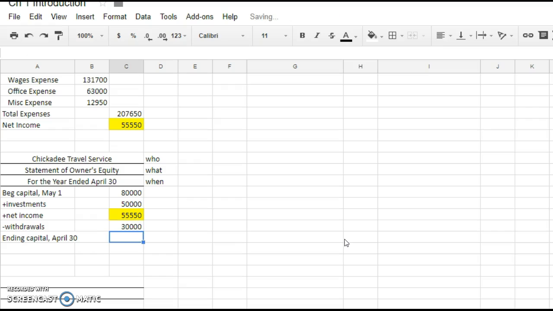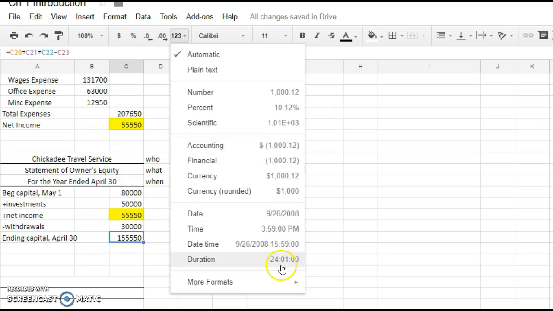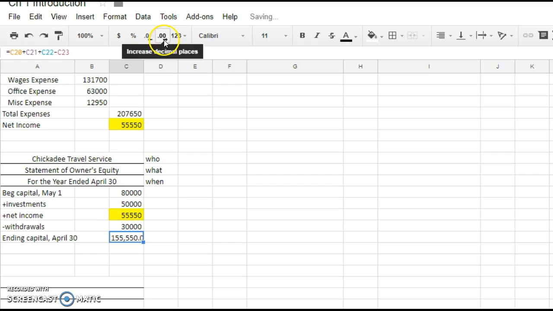$30,000. All right, so equals my beginning plus my investments plus my net income minus what the owner took out. Ending capital is $155,550. And I want to just put a comma on there. We'll just do a number and no decimals.